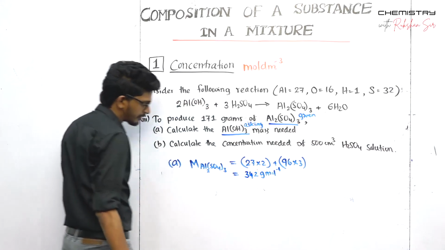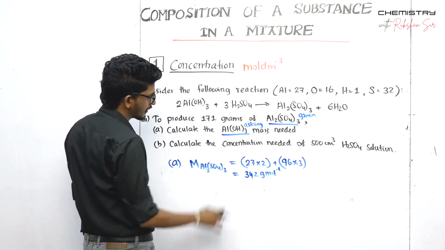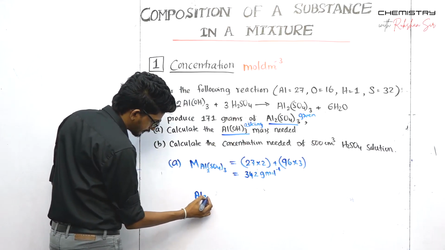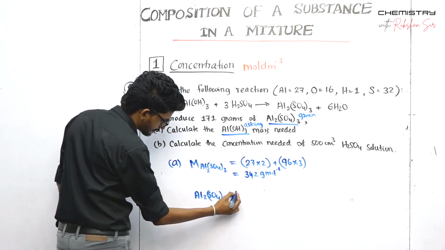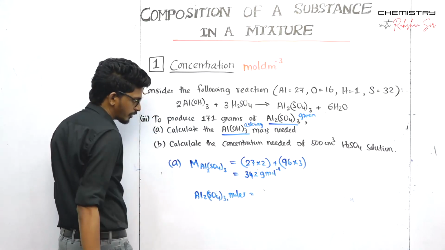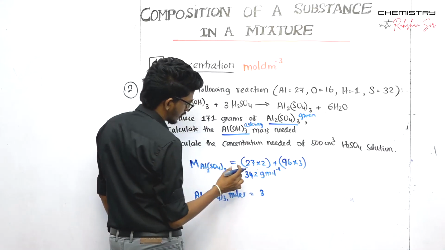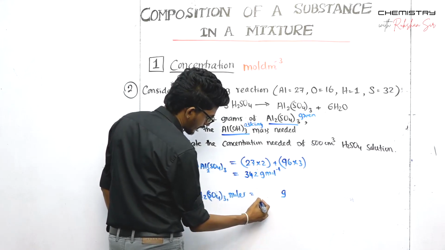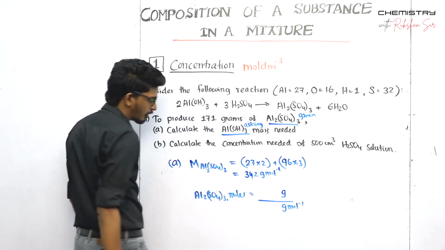With the g mole minus 1 value and the grams value of aluminum sulfate, we can come up with the moles of aluminum sulfate. The g value should be divided by the g mole minus 1 value to get moles.